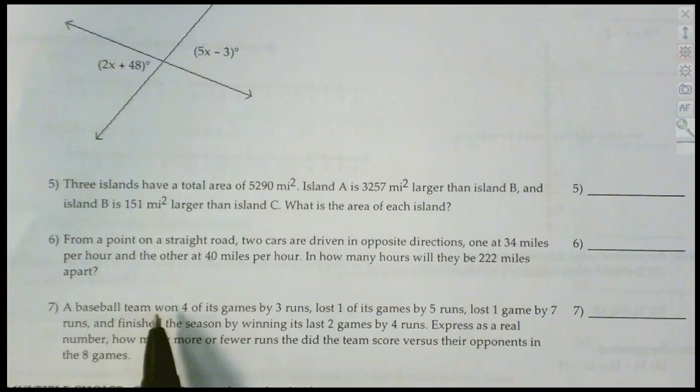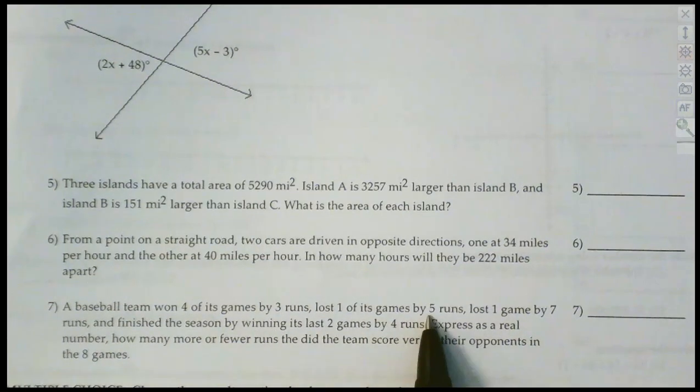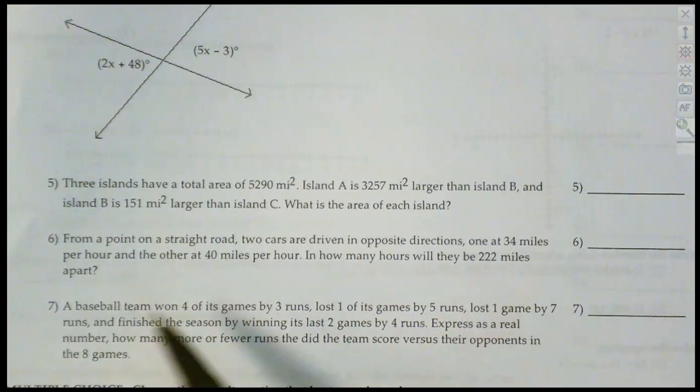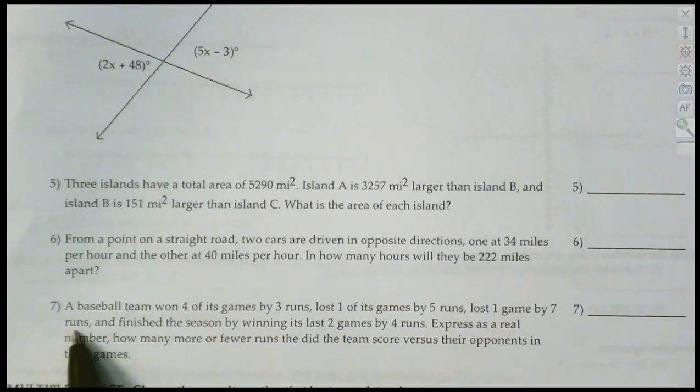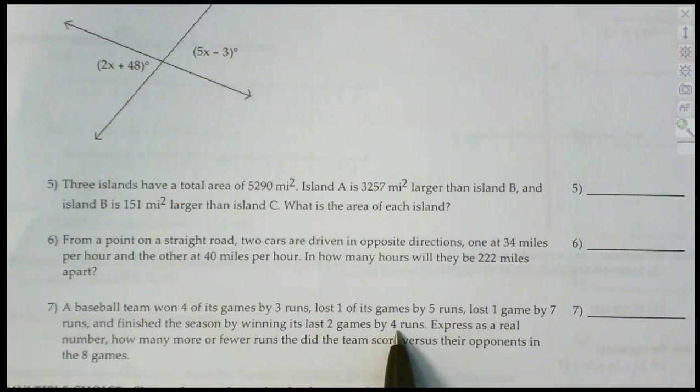A baseball team won 4 of its games by 3 runs, lost 1 game by 5 runs, lost 1 game by 7 runs, and finished the season by winning its last 2 games by 4 runs. Express as a real number how many more or fewer runs the team scored versus their opponent in the 8 games.